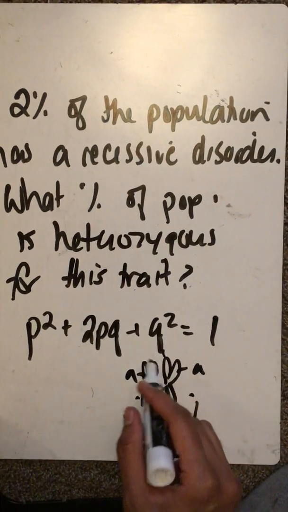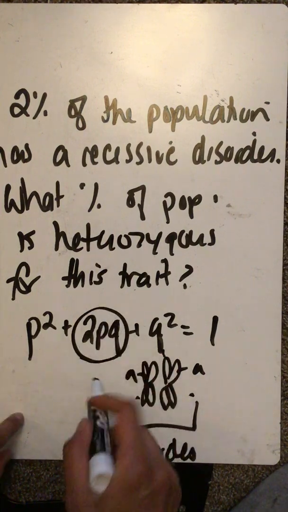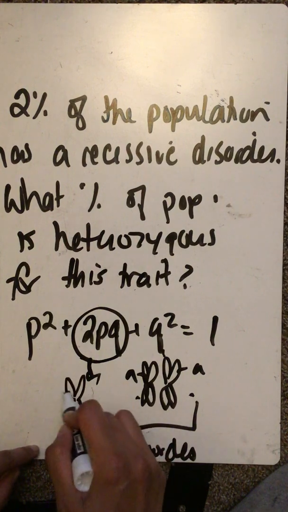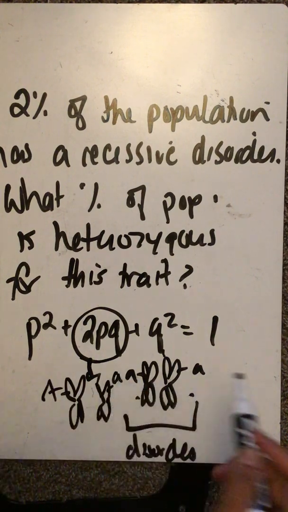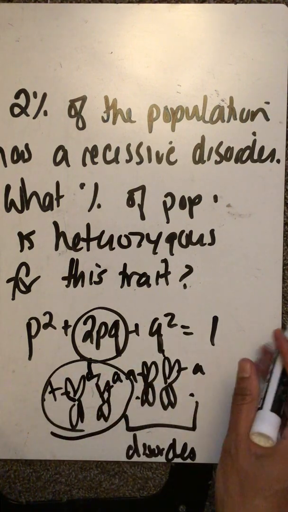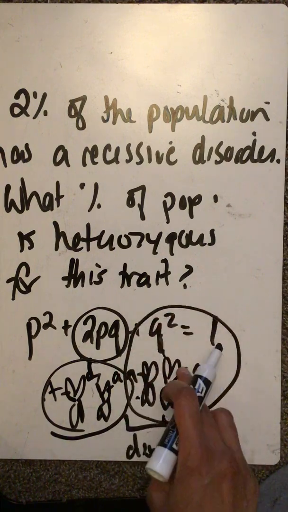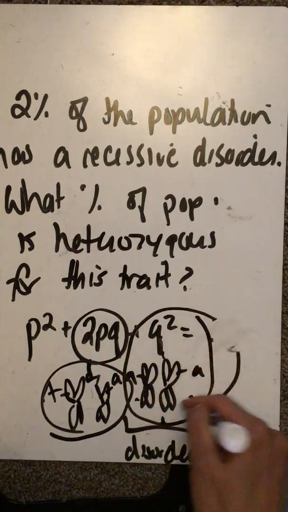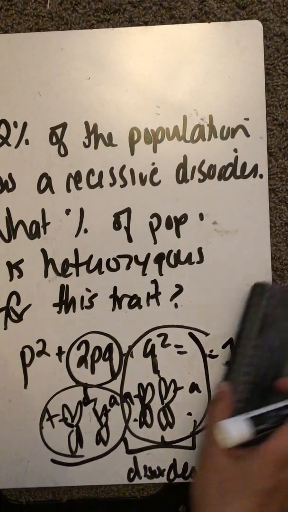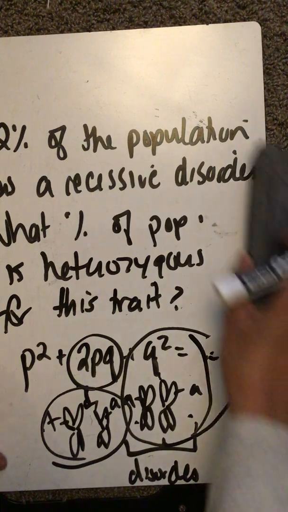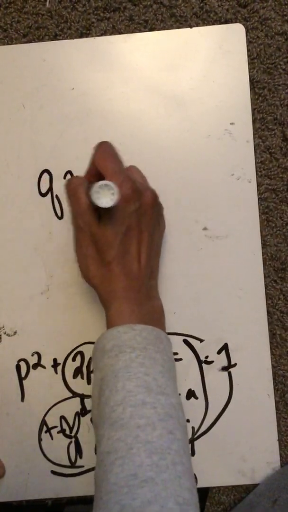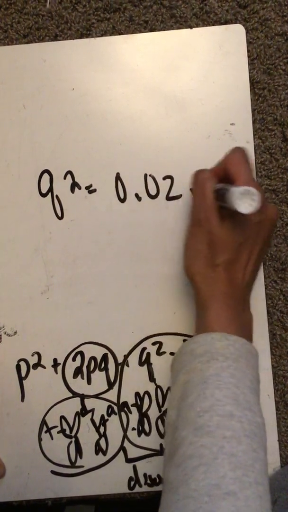All right, now they're asking you what percentage of the population is heterozygous. So they're asking for the 2pq, which is basically big A, little a. That's what they want to know. Well, I know that q squared is equal to 0.02, which is 2%.